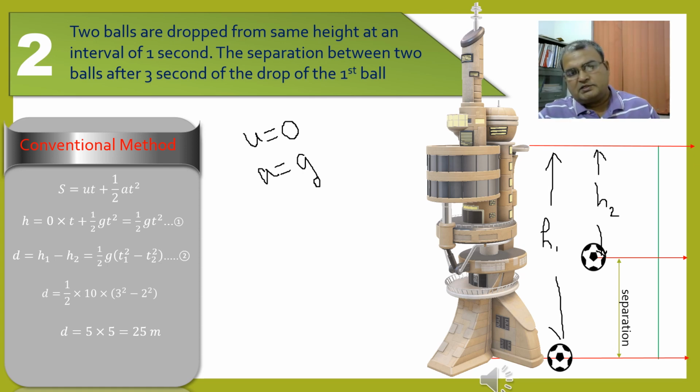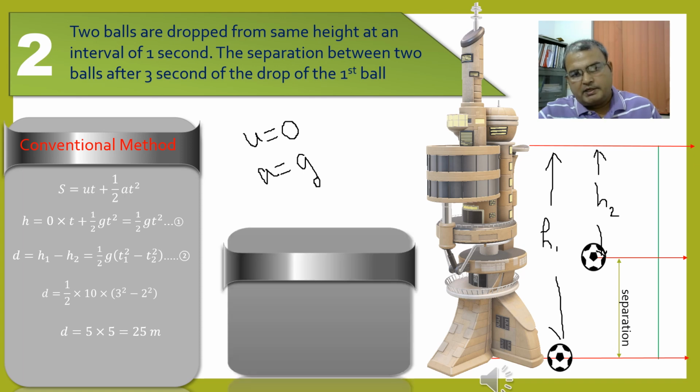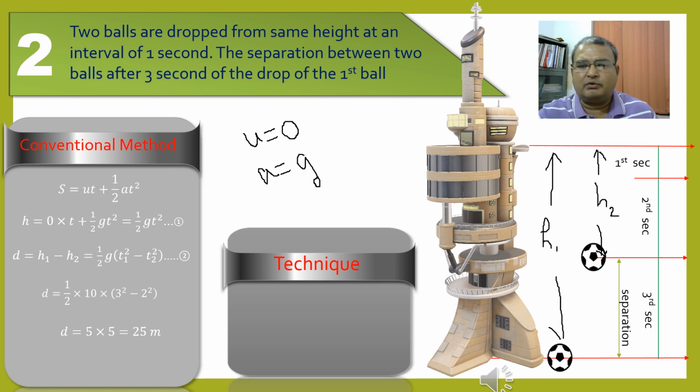Now look at the same problem again by the technique. Look at the diagram. Without solving or doing any calculation, you can find the answer to this problem. Look, in the first second, a freely falling object travels 5 meters.